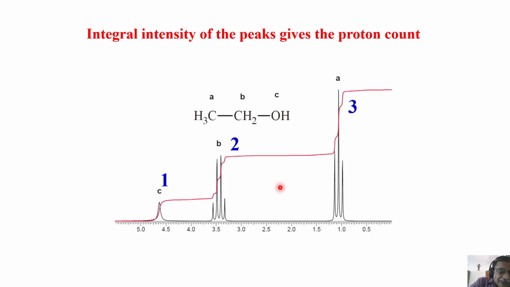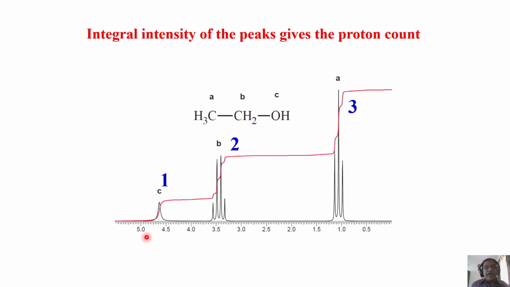When you compare with another single proton or other group of the same molecule, you can find out the number of protons present. So the integral area of each peak gives you the proton count for that peak. Intensity is 3 here, integral area is 3, the proton count is 3, compared to 2, here the proton count is 2, and this is proton count 1.